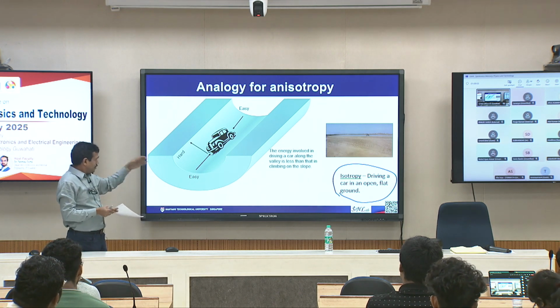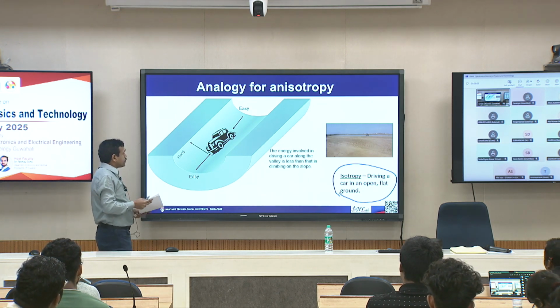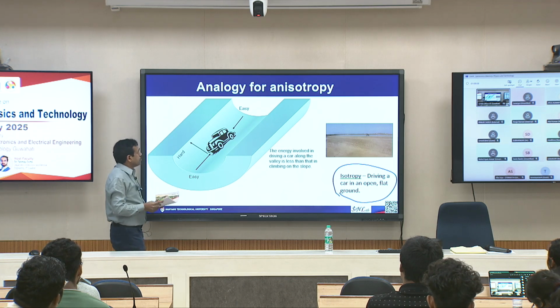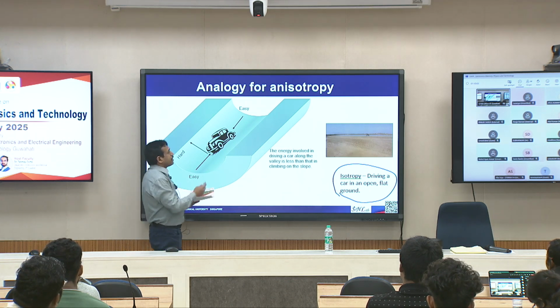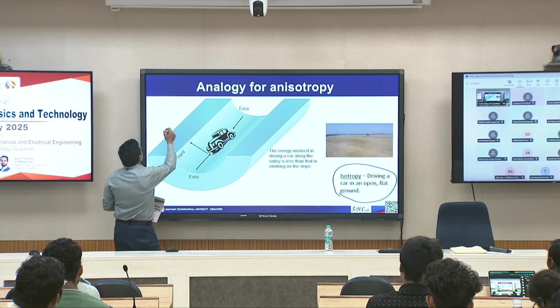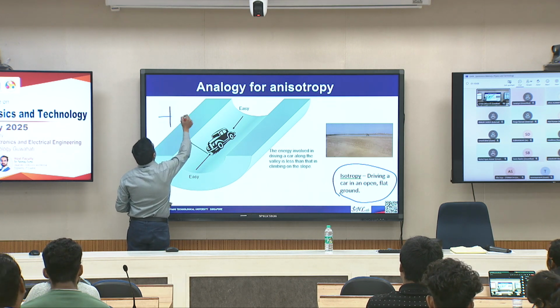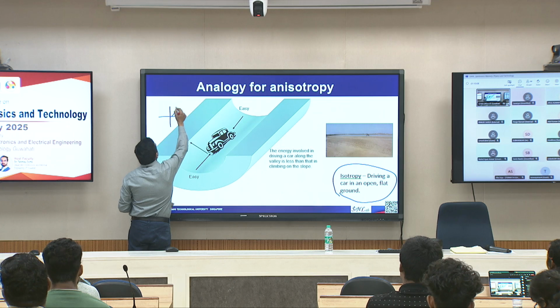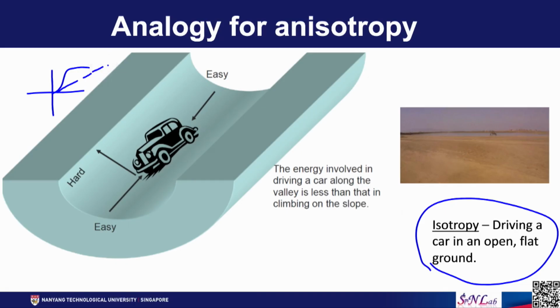So, you find it different in different directions. So, that is the analogy for whether you can saturate with a lower field or you need very high field. Okay. So, that is one definition of easy and hard direction.